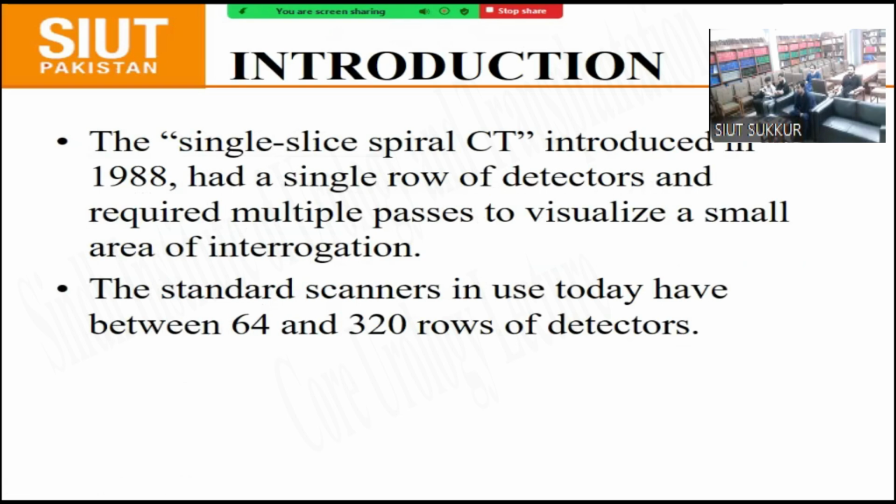The single spiral CT scan introduced in 1988 had a single row of detectors and required multiple passes to visualize a small area of interrogation.